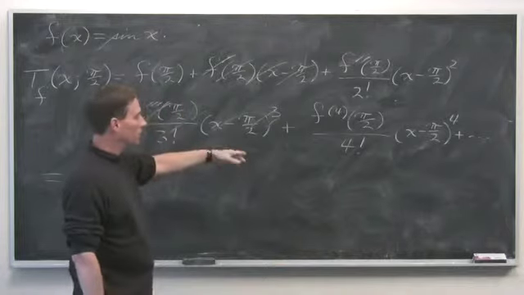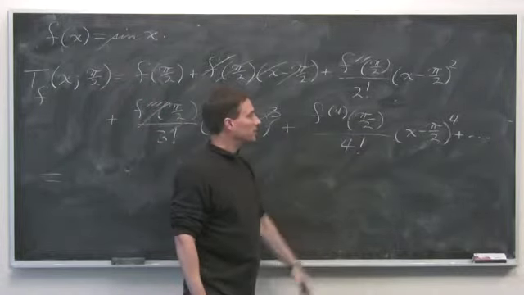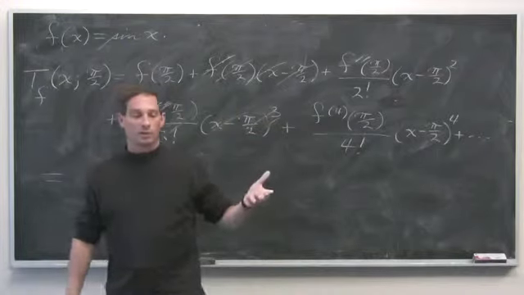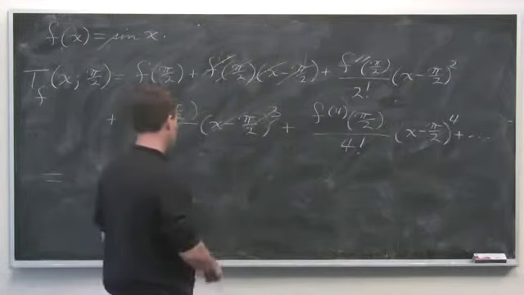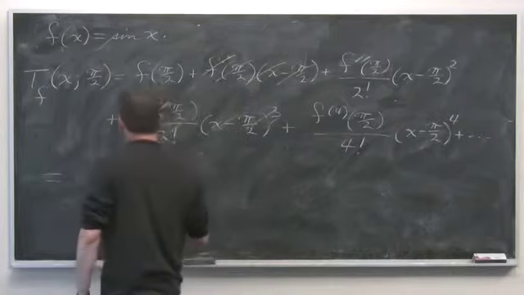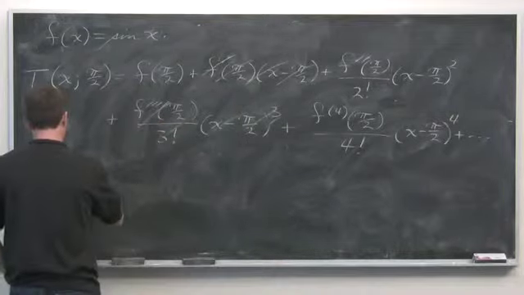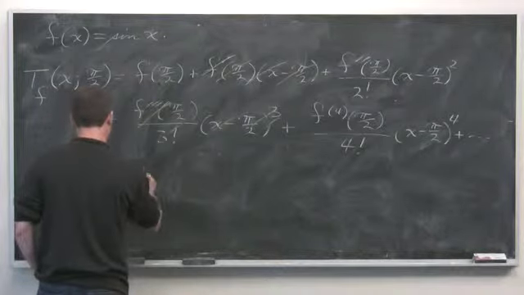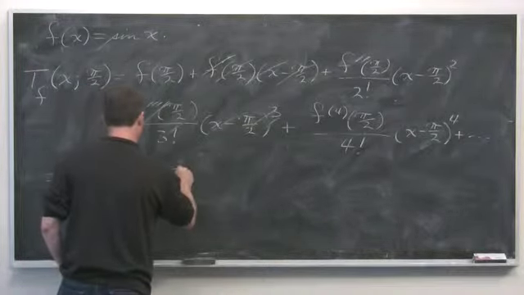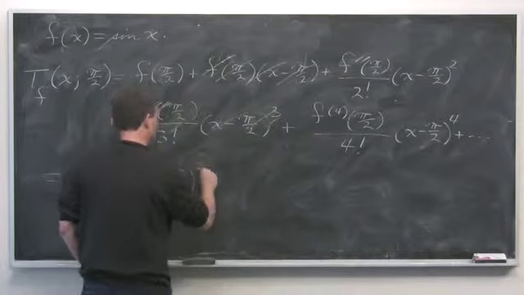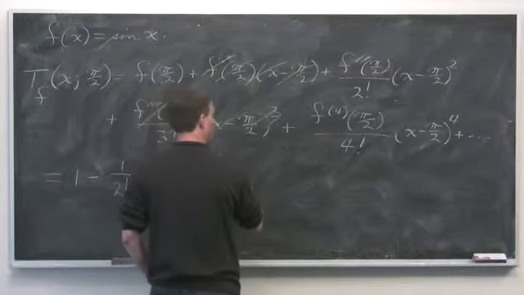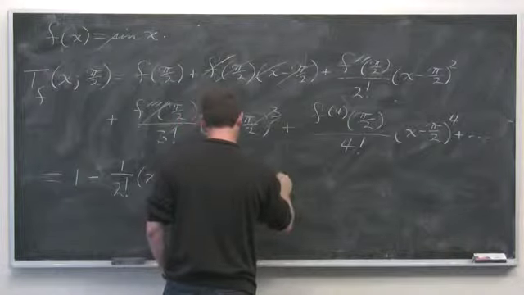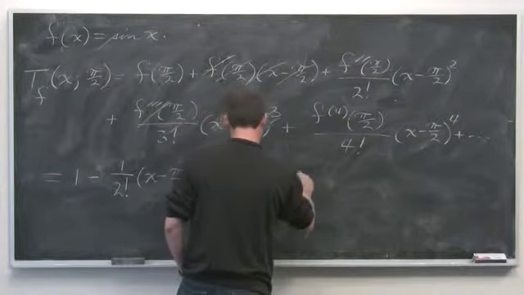So you only take the even terms. You have the factorials that match the power of x minus pi over 2 that you're on. But then this numerator goes plus 1, minus 1, plus 1, minus 1. So what you end up with is 1 minus 1 over 2 factorial times x minus pi over 2 squared, plus 1 over 4 factorial times x minus pi over 2 to the 4th.